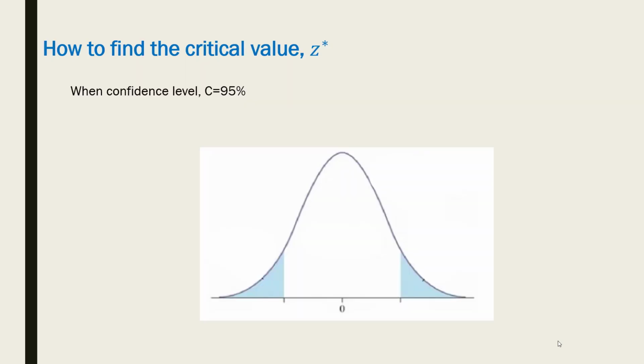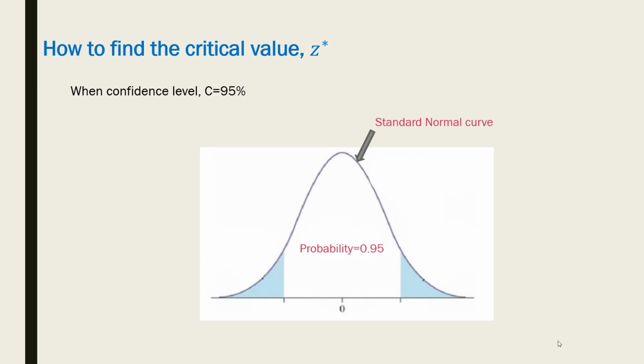How to find the critical value z star? Let me explain this using this 95%. When confidence level, we use C as a notation, is 95%, it means this is the standard normal curve. You already know that. 0.95.